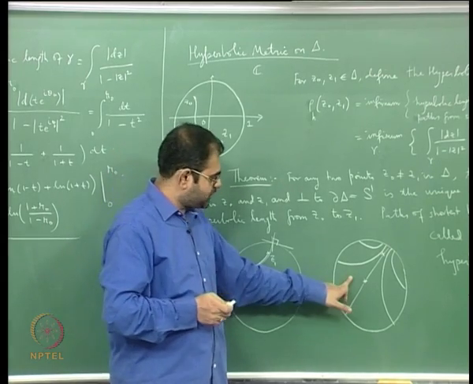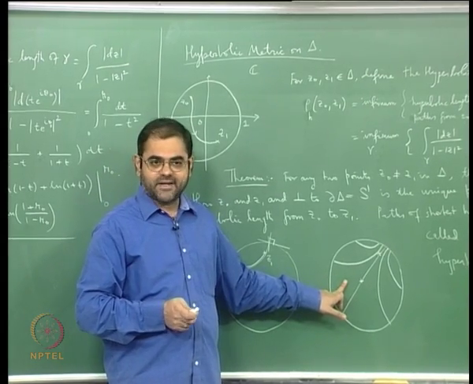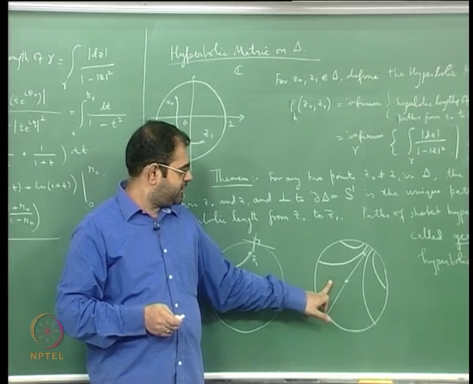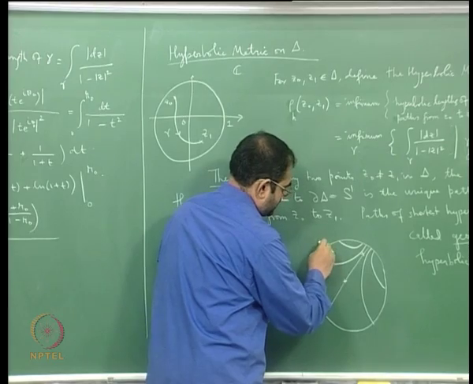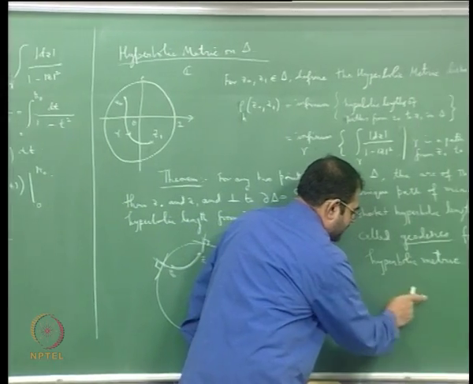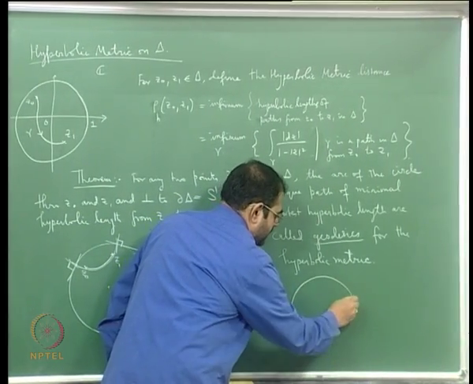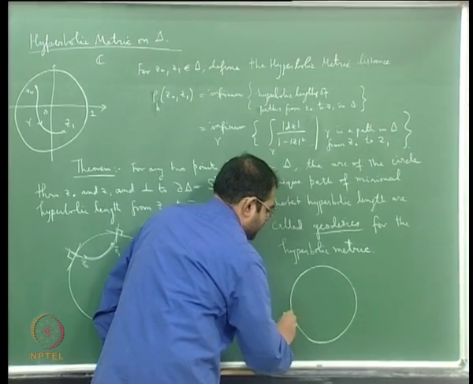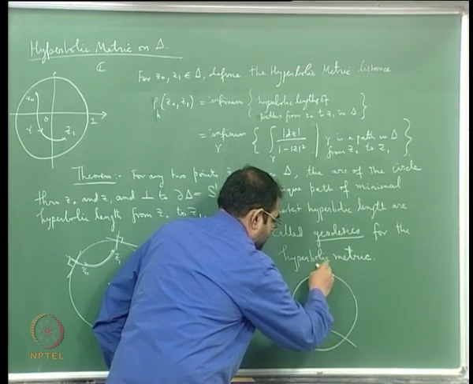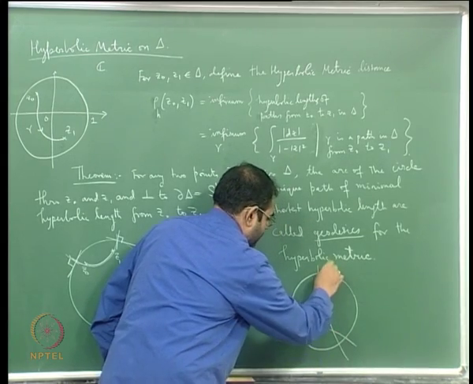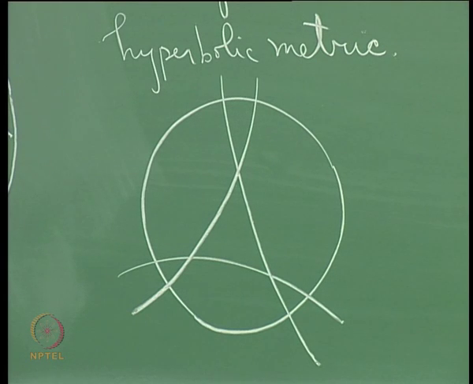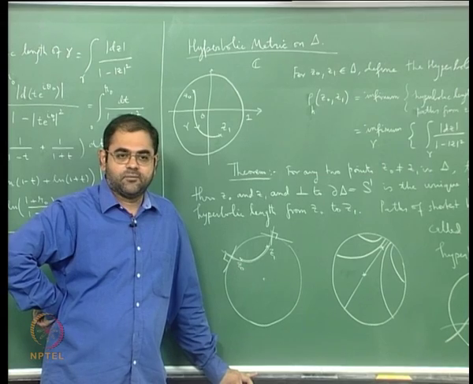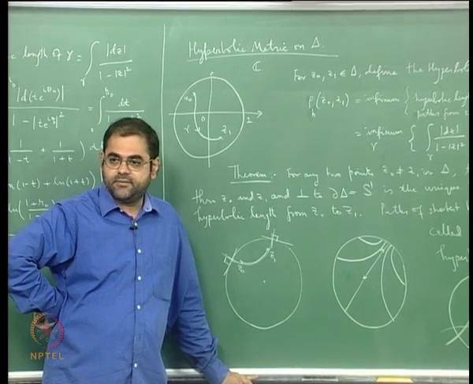In the same way you can also define a hyperbolic triangle. If I draw a hyperbolic triangle, it will be like this. It's given by 3 hyperbolic geodesics, one like this, one like this, and one like this. So this is a hyperbolic triangle, okay. And you know that in Euclidean geometry the sum of the 3 angles of a triangle is equal to 180 degrees.